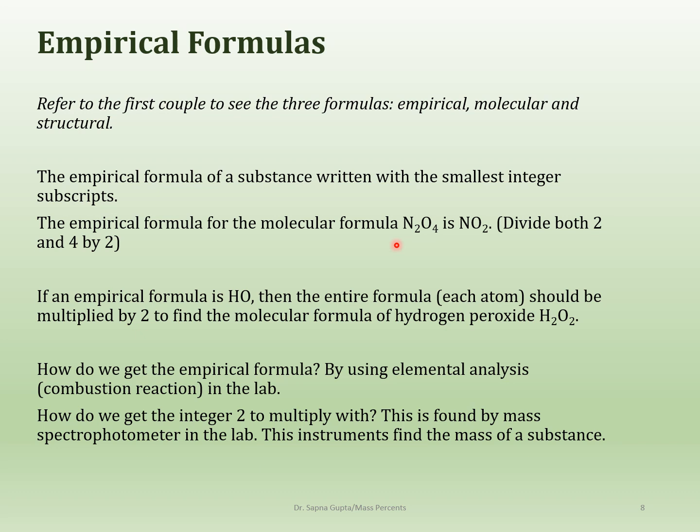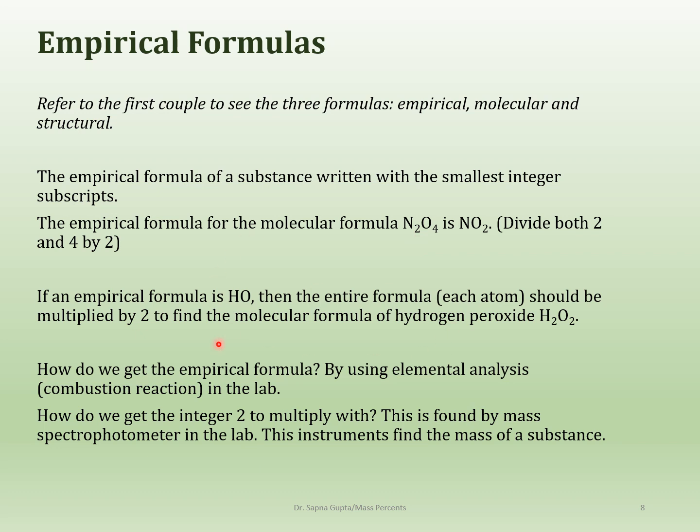So I talked to you about that a little bit earlier on with the glucose. That integer you have to find by finding the mass of the molecular formula. So if you know the mass of N2O4, then you know that this empirical formula has to be multiplied by 2 in order to get that molecular formula.